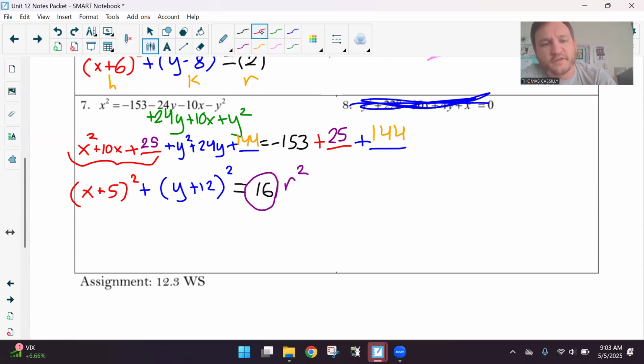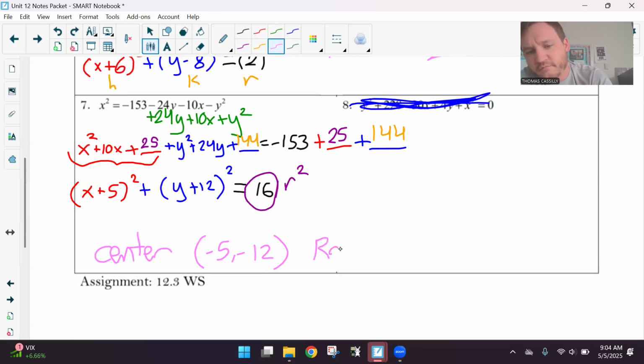All right, so the center of our circle is negative 5, negative 12, because those numbers on the inside are lying to us. And then the radius is equal to, be careful on this one, it's 4. And there you go. And that one's done.